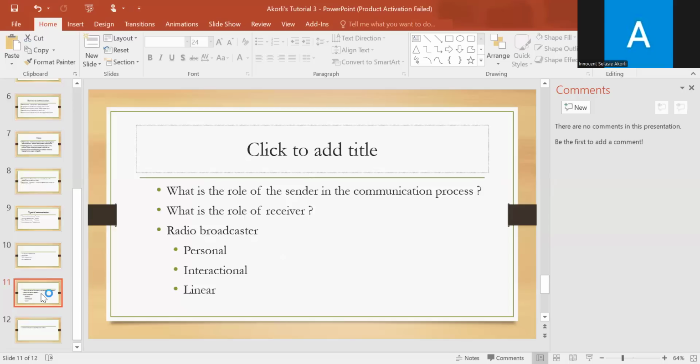The questions may be application questions. In other words, you are not just going to see what is this and there's the answer. No. For example, the question will be created in such a way that you have to think a bit to answer. What is the role of the receiver in the communication process?